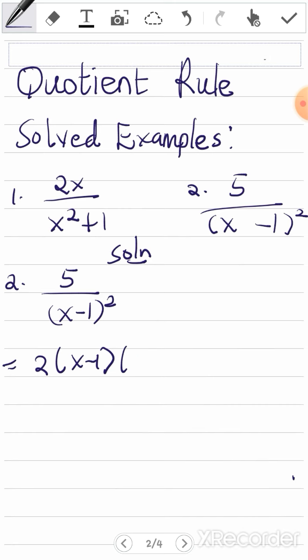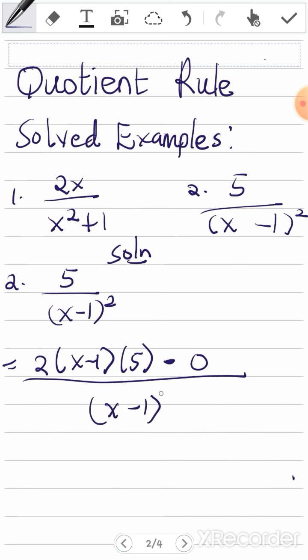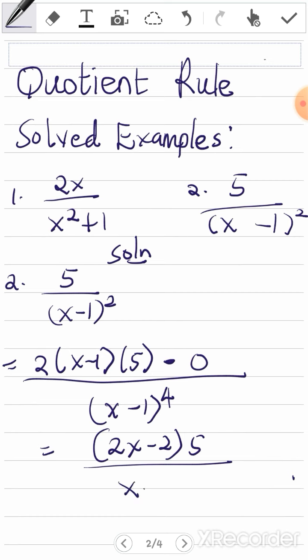Times 5, minus, then you differentiate 5 and you get 0, so that whole thing is 0. Divided by x minus 1 squared, which becomes exponent 4. So we get 2 times x minus 1 times 5 over x minus 1 to the power 4.